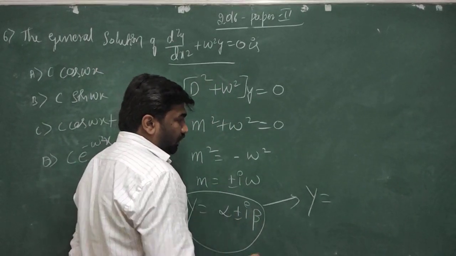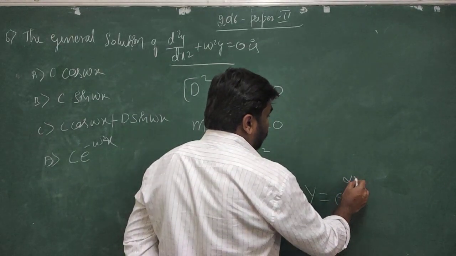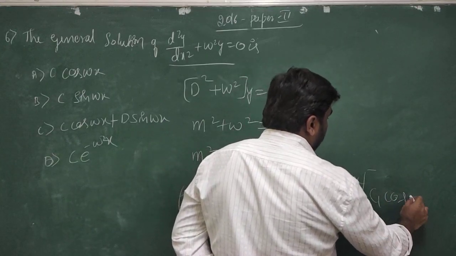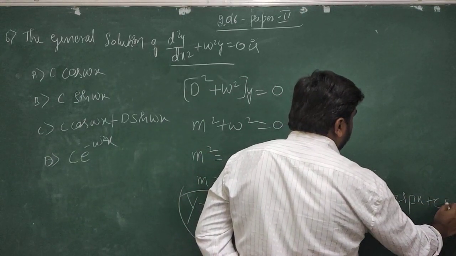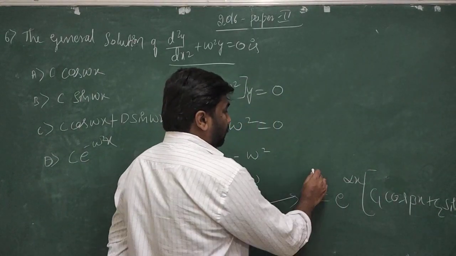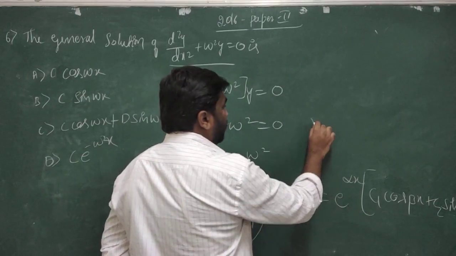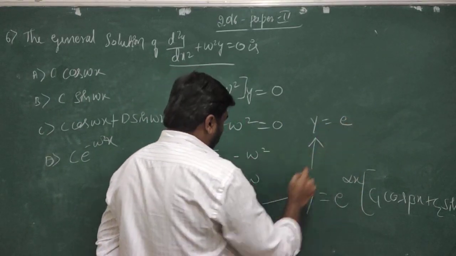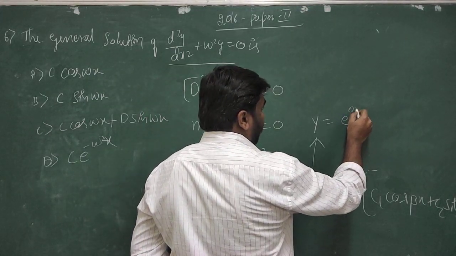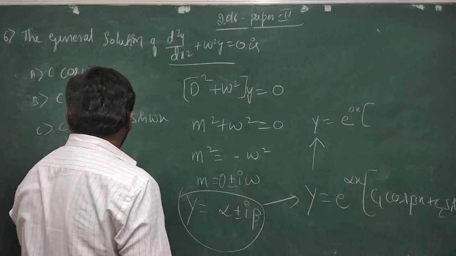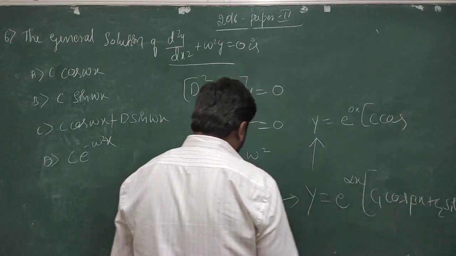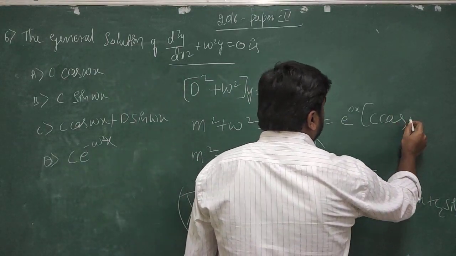Here alpha is 0, so then the function is e power alpha x into (c1 cos beta x plus c2 sin beta x). Okay, so then y is equal to e power 0 x into c1, where c1 is a constant c, and c2 is a constant d, and beta is nothing but omega.